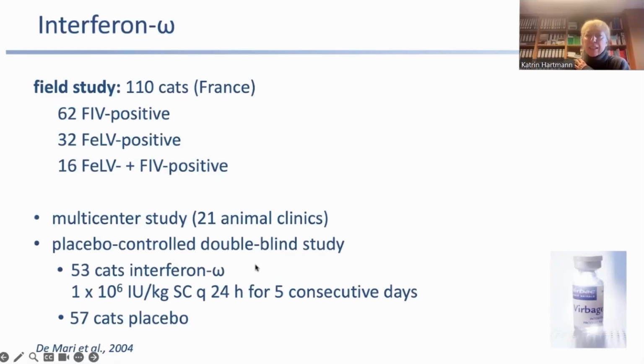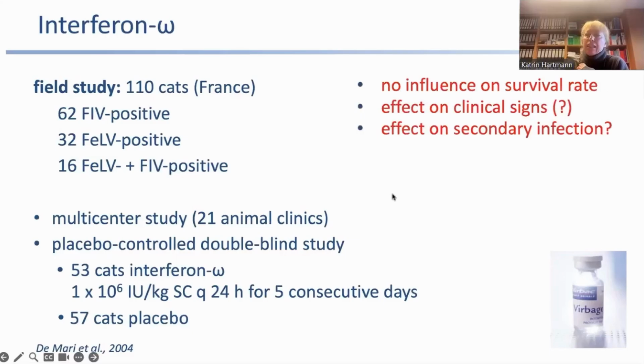When they looked at FIV-infected cats, there was no influence on survival rate. However, there was some effect on the clinical signs. So it probably did not influence FIV, but maybe influenced the secondary infections.